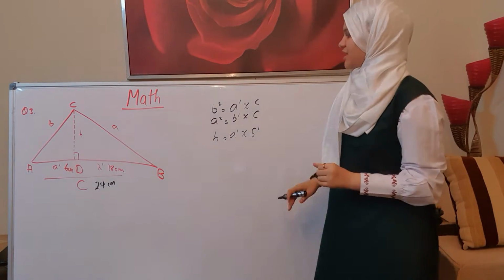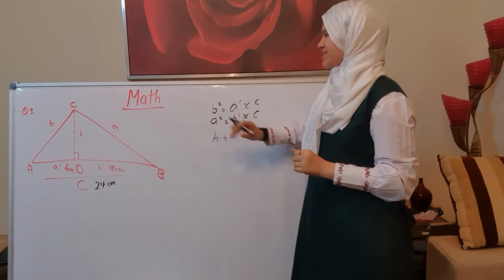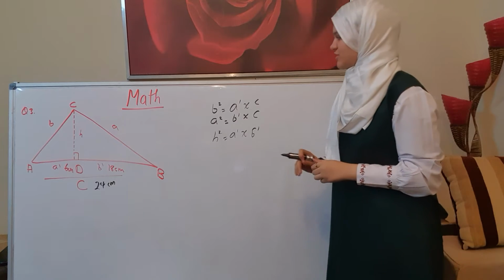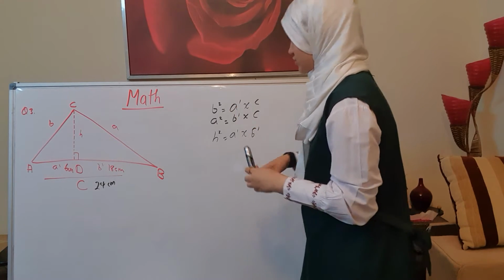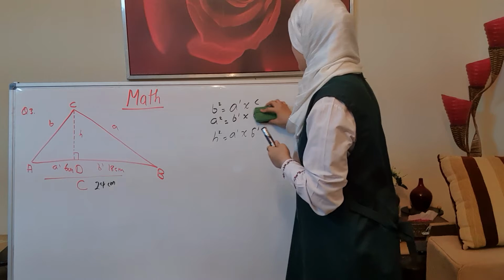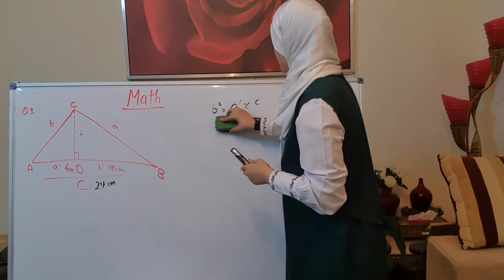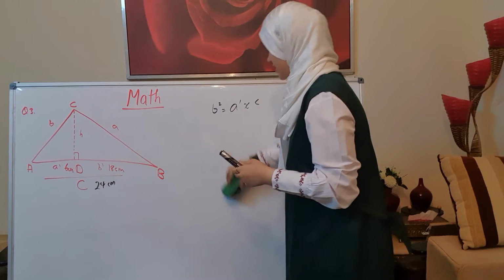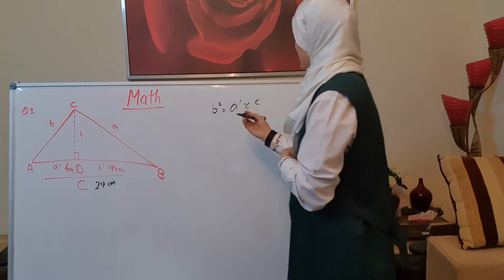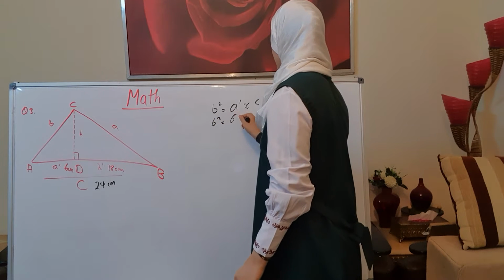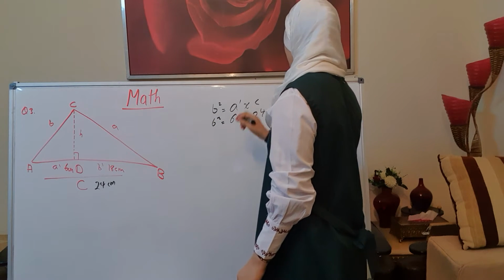Now let us find B squared, A squared, and H squared. First thing, we'll bring B squared. That means A1 times C, and it will be 6 times 24. Now we have B squared is equal to 6 times 24.